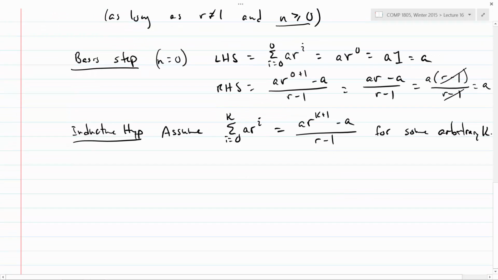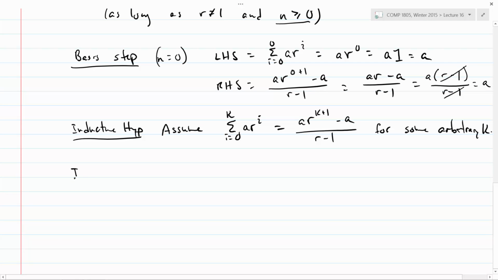All right, so now that we have our inductive hypothesis, we now go to our inductive step. And the first thing we do in an inductive step is to write down what it is we want to show.